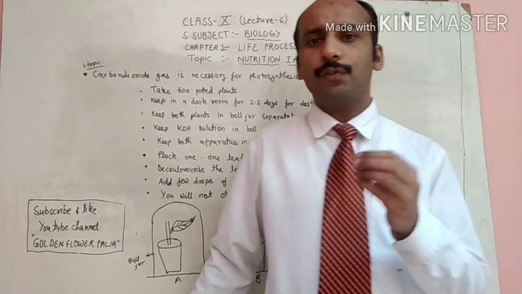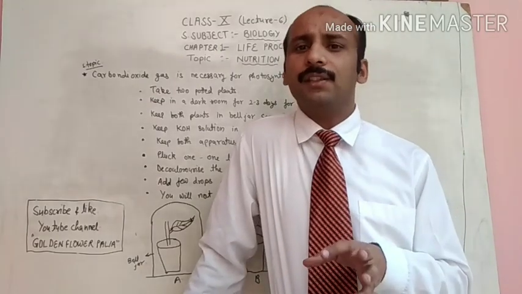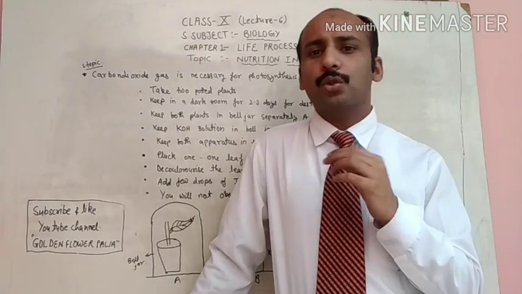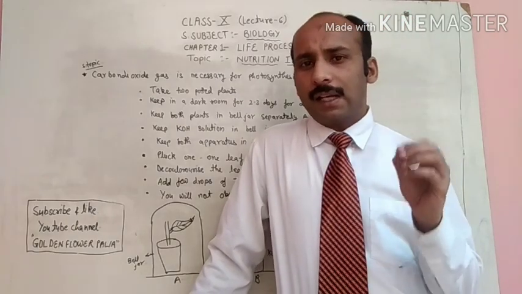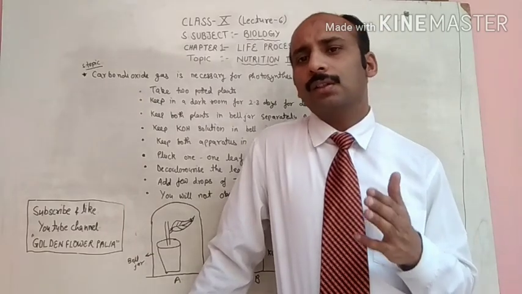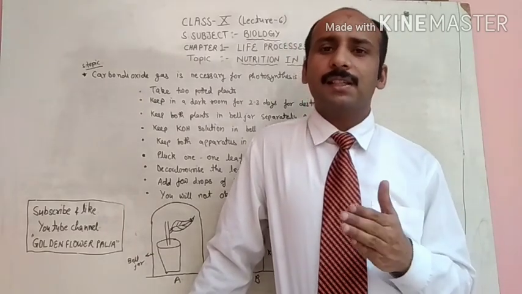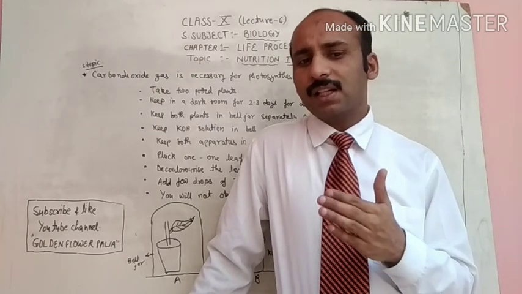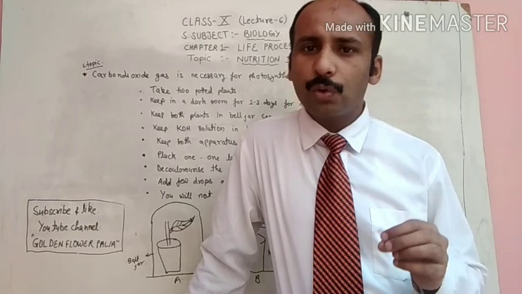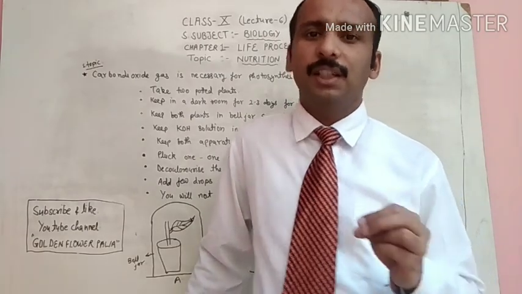Destarching means that whatever food is already prepared in the leaves should be used up by the leaves. When we check whether glucose is forming or not, we need plants in which there is no previous amount of glucose present in their leaves.